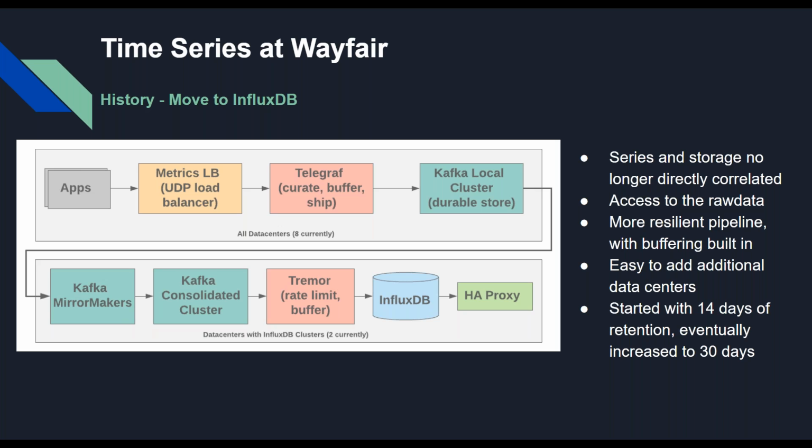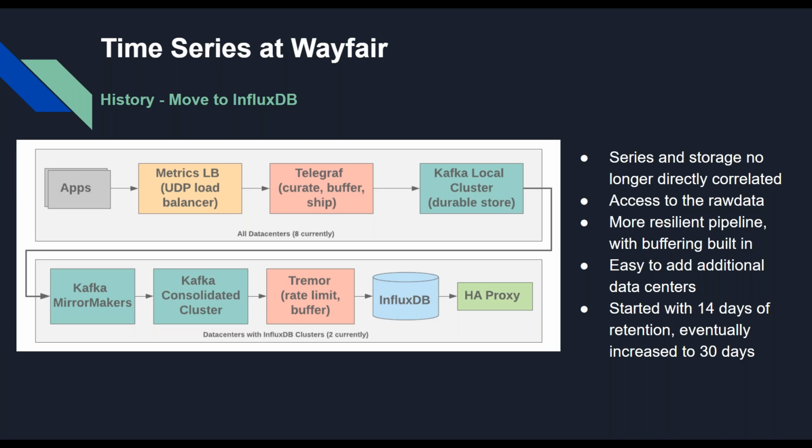It allowed us to easily have duplication between our primary and our DR clusters by just adjusting where we were mirroring that Kafka data to. We currently have 3 of these pipelines handling different logical clusters that we've built out, with the data going into 5 different logical InfluxDB clusters, each having between 6 and 12 data nodes.